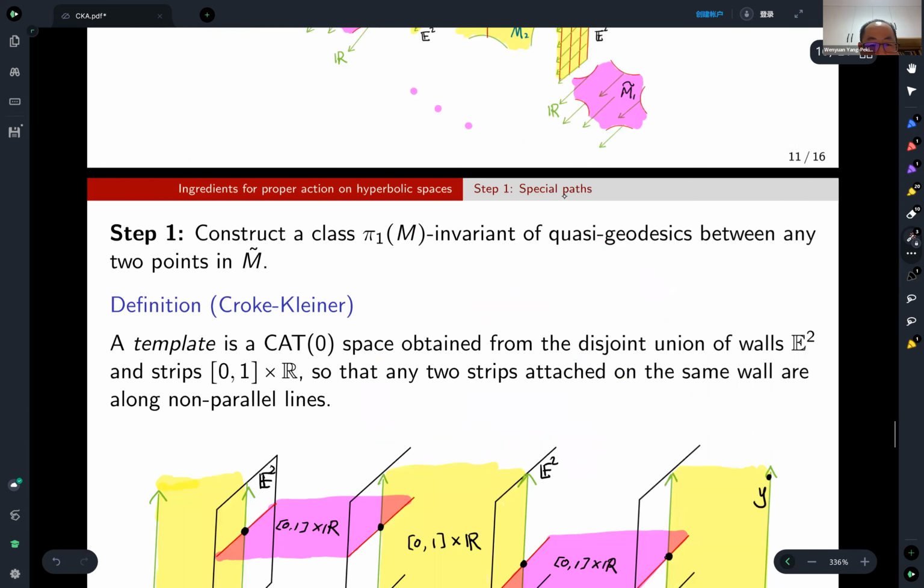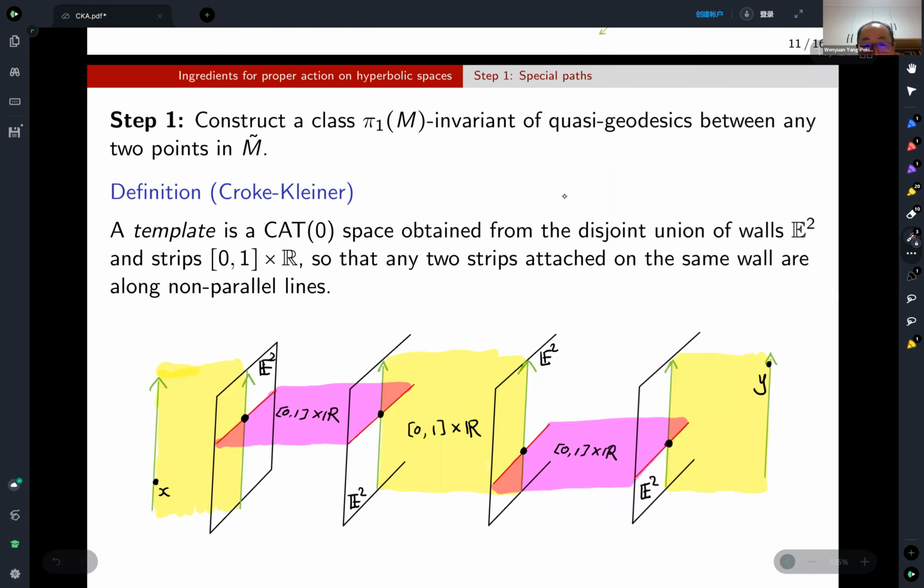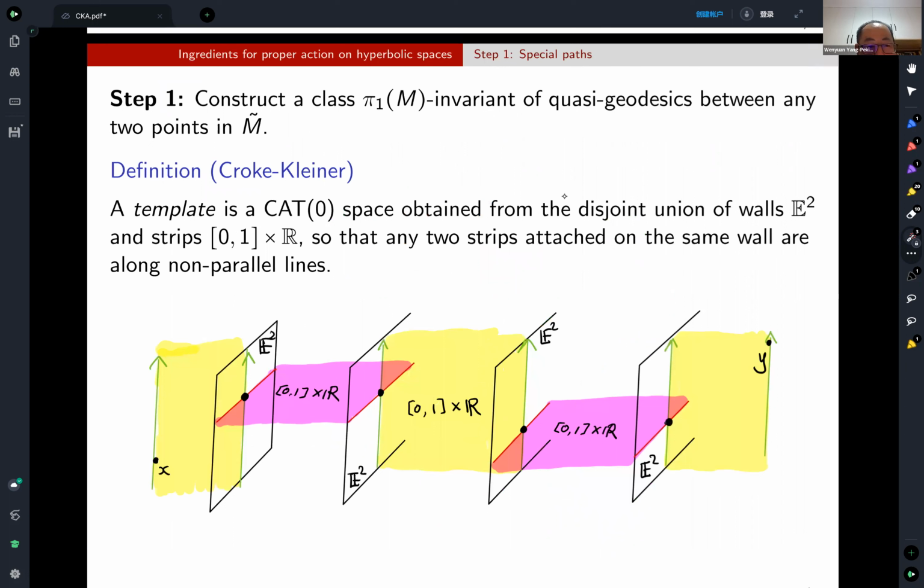Now we want to construct a class of group-invariant quasi-geodesics between any two points. For this we rely on a notion of Croke-Kleiner called a taplet. A taplet is a CAT(0) space obtained from a disjoint union of walls, just Euclidean planes in dimension 2, and strips, so that any two strips attached to the same wall are along non-parallel lines.